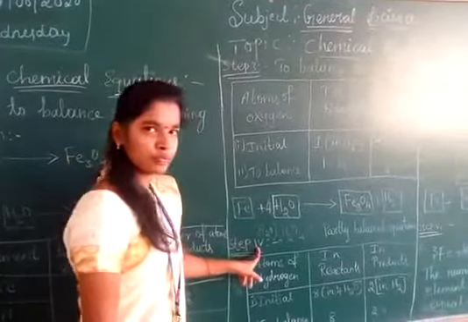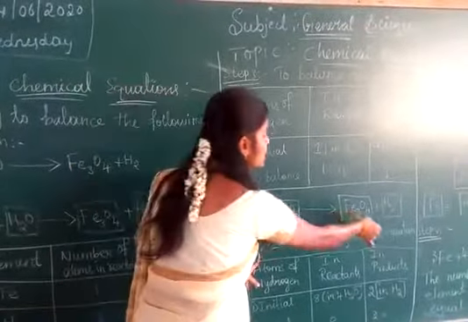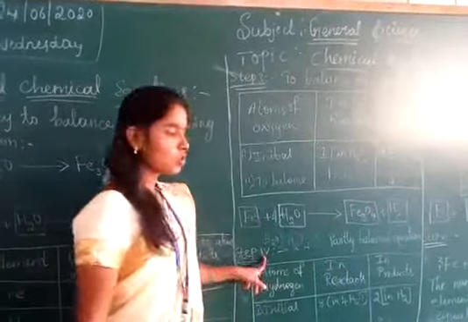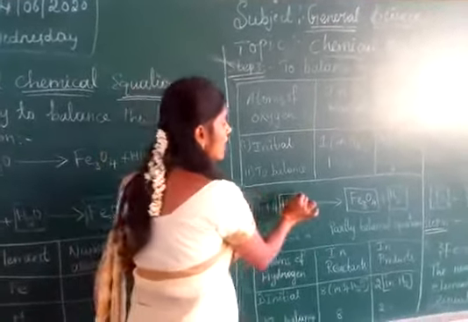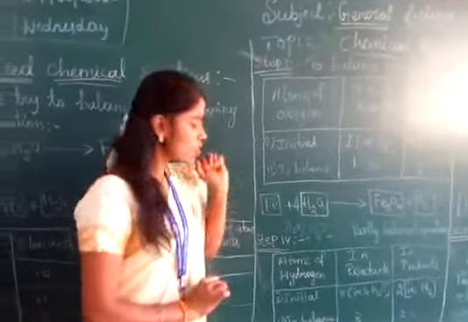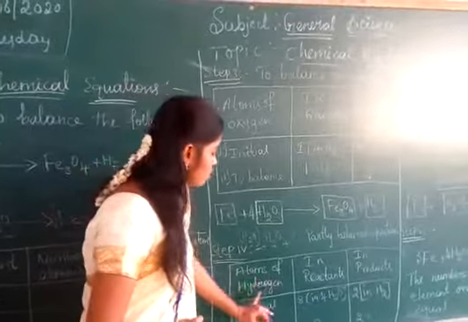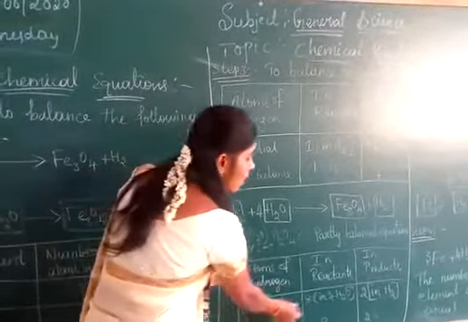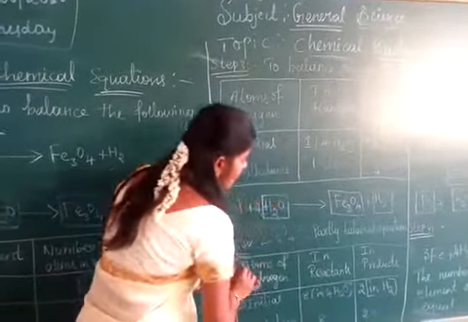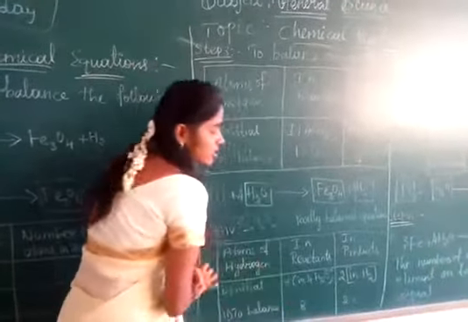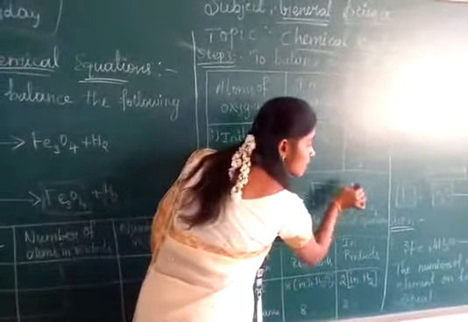And step 4. In this equation, oxygen is now balanced on both sides. Still remaining are iron and hydrogen. So I am taking hydrogen now. We list the atoms of hydrogen. Initially on the reactant side, how many hydrogens are there? 4 twos are 8, so 8 hydrogen. On the product side, how many hydrogen are there?